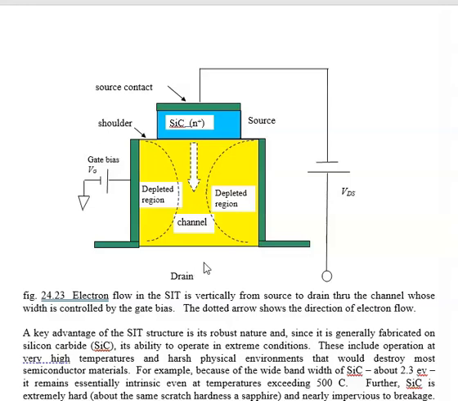Now, one of the differences between a SIT and a gallium arsenide MESFET is when we buy a gallium arsenide wafer for processing, we buy it with the channel already deposited. When we purchase a silicon carbide wafer for SIT processing, we buy it with the channel already deposited and the source already deposited.